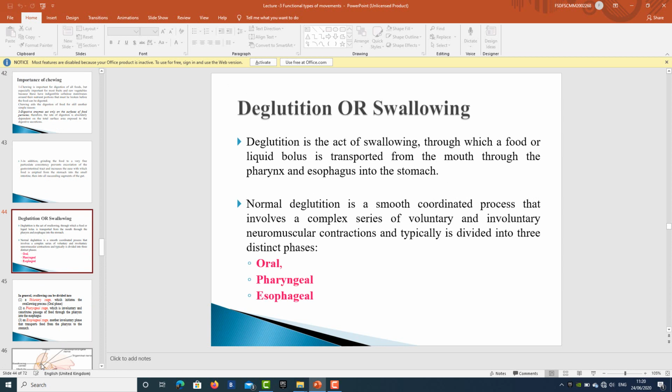Now, what is deglutition or swallowing? Deglutition is the act of swallowing through which a food or liquid bolus is transported from the mouth through the pharynx and esophagus into the stomach. And it has three distinct phases.